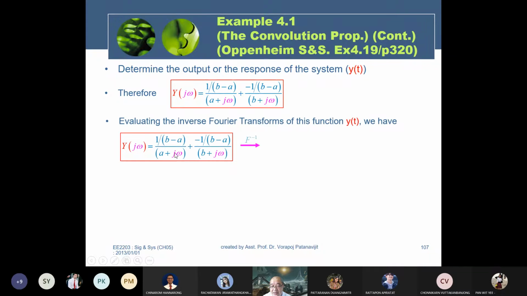The Fourier transform of 1 divided by A plus J omega is e power minus at u(t). And this term, B plus J omega, will give you e power minus bt u(t), multiplied by the coefficient of each.